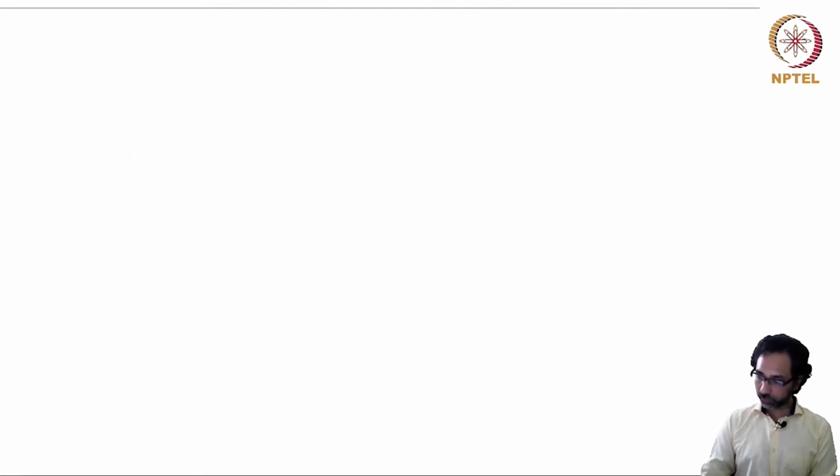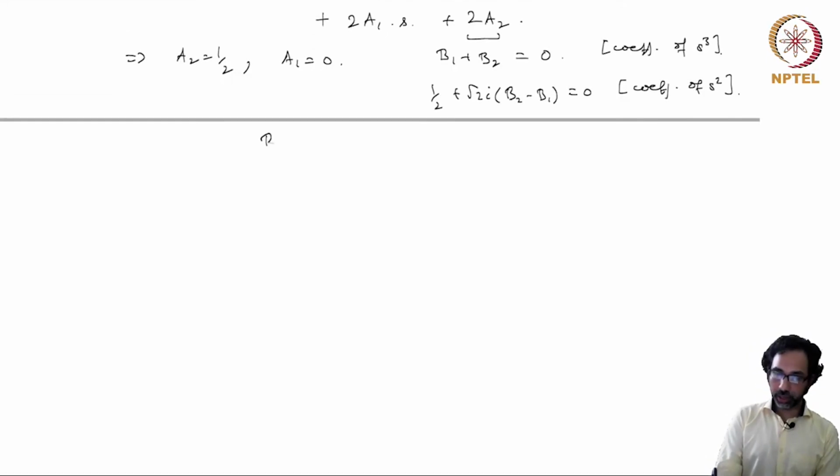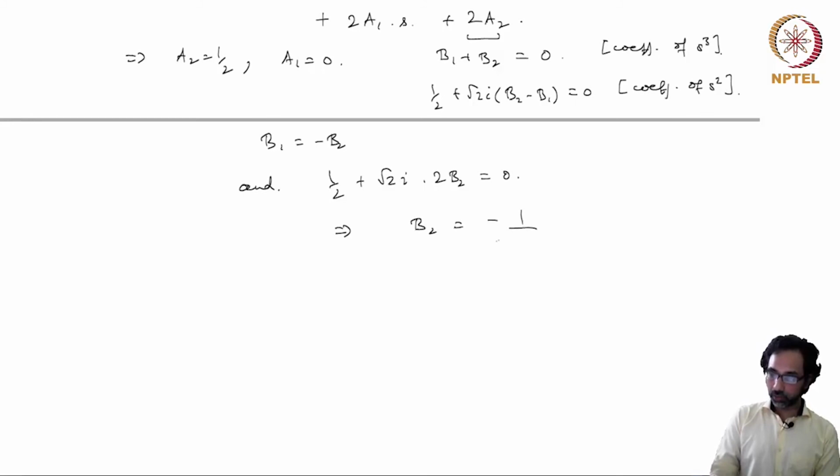So now from the first one you immediately get b1 equals minus b2, and so plugging this in, from the second equation you get half plus root 2i times 2b2 equals 0, which means that b2 equals minus 1 by 4 times root 2 times i.